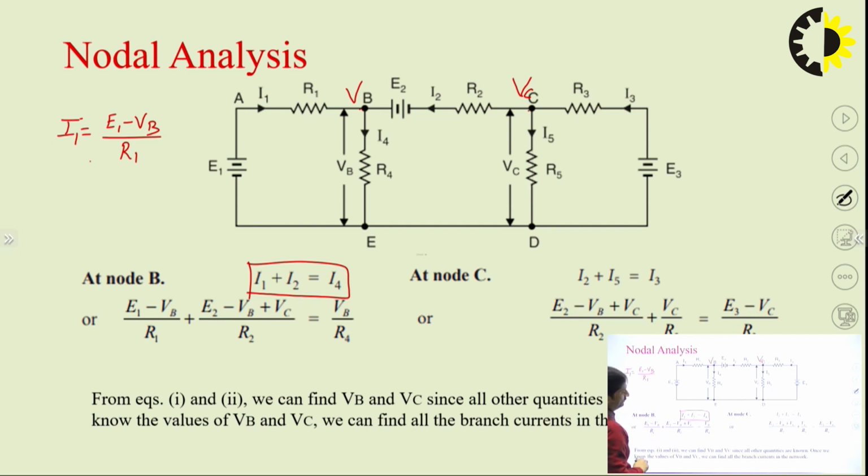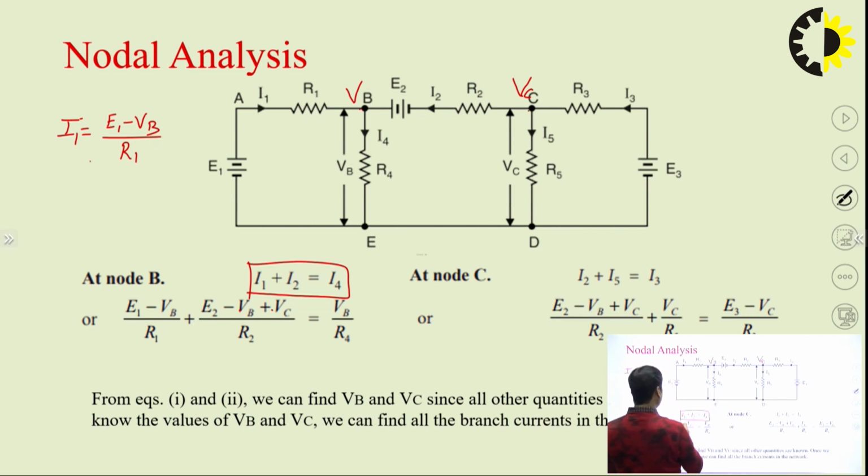This is R1, this is the I1 actually. Similarly, I2 is coming from this side. So I2 is E2 minus VB, or you can say VC minus VB, and this is minus, this plus.